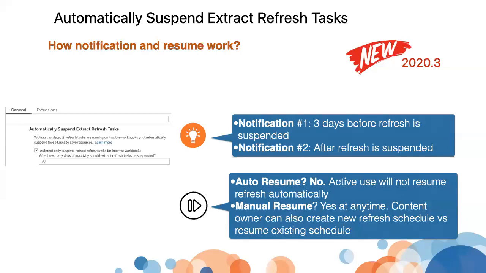But as the owner of the workbook, or as a project leader, or of course as admin, you can always resume it, no matter whether it's used or not. You have the privilege to resume the extracts. You can also add new ones anytime. That's a given feature since the beginning. Okay. But the key point here is there's no auto resume. I think this is good.